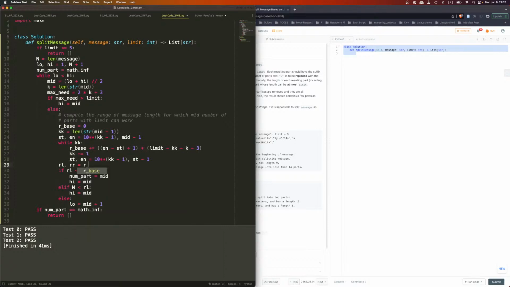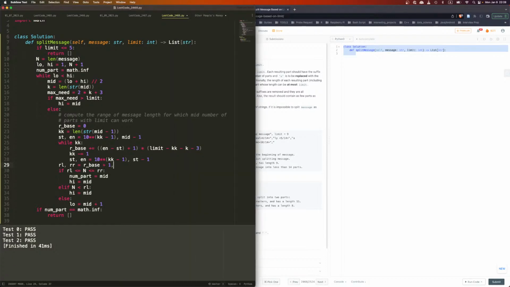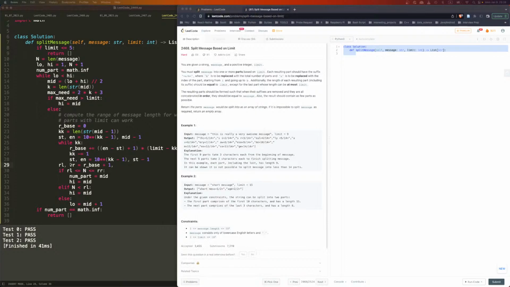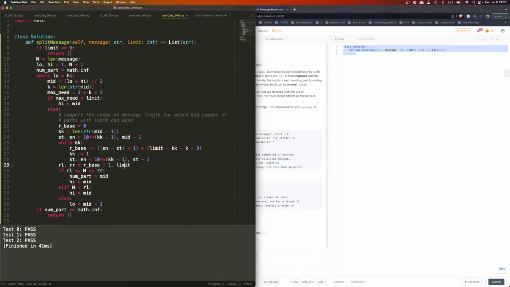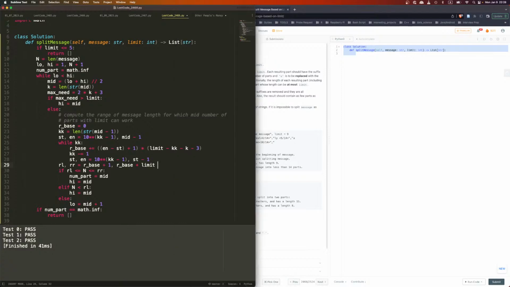RR equals range base plus, well, that will be plus 1, right? That's actually not range, that's just limit. Range base plus limit. That's not plus limit. We don't know the total number. It should be limit minus max need.